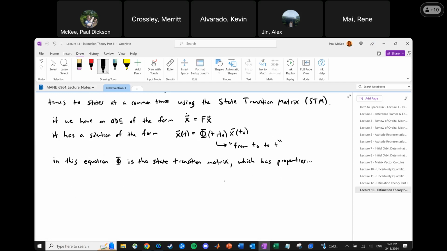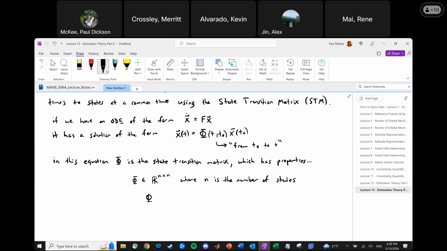So supposing there are n states, phi belongs to the real numbers n times n, which is to say it's an n by n square matrix, where n is the number of states.